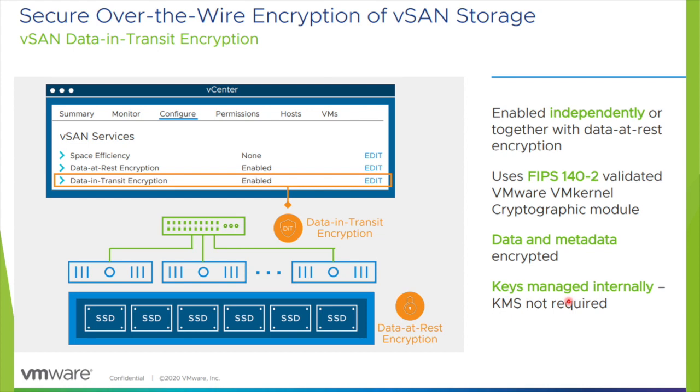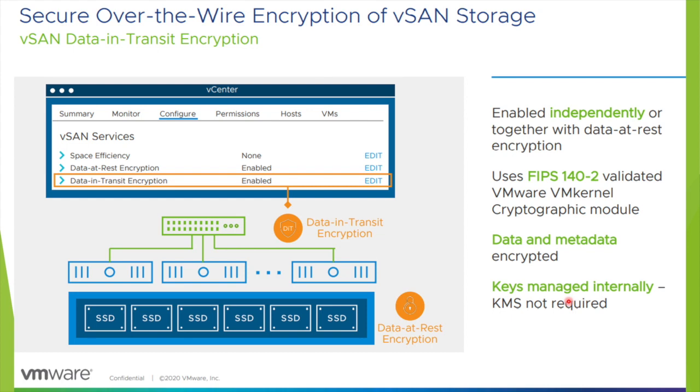Okay, so coming back to my favorite bit, which I wanted to talk about: encryption. Before, we had data encryption at rest, which is basically you have your data and it is encrypted when it is written to the disk.